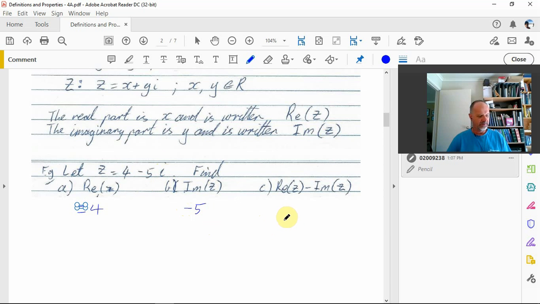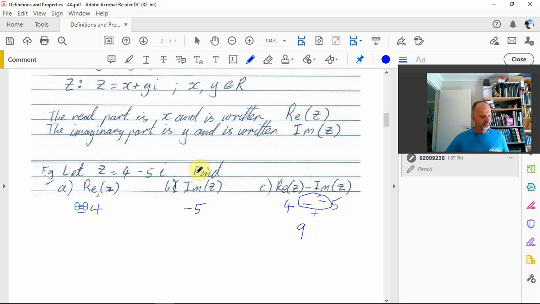So if we want to do this sum, the real part of z minus the imaginary part of z, the real part's 4, minus the imaginary part, which is -5. As we know, we can put those together, 4 plus 5, and so that's 9.